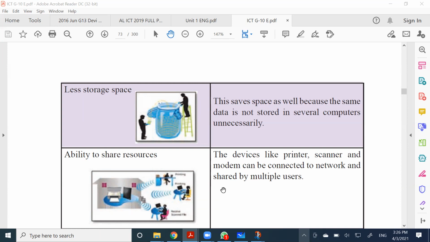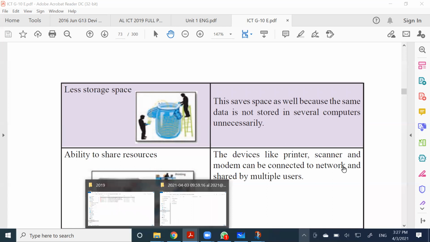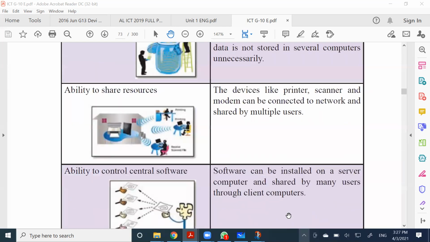Maybe hundreds of people are using the same storage device. But if we do it individually, I have to have my own copy, and those 100 people should have their own 100 copies. When we are networked with each other, we can just share the resource. One particular place holds the data, but everyone can access it. Ability to share resources is another benefit.